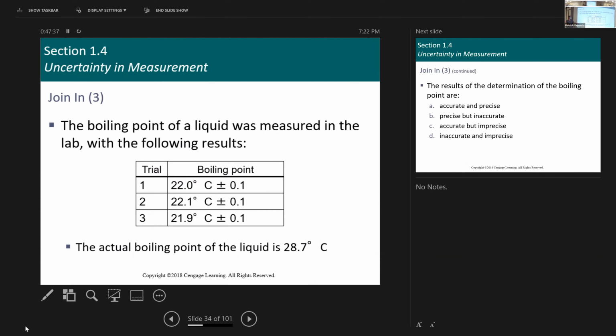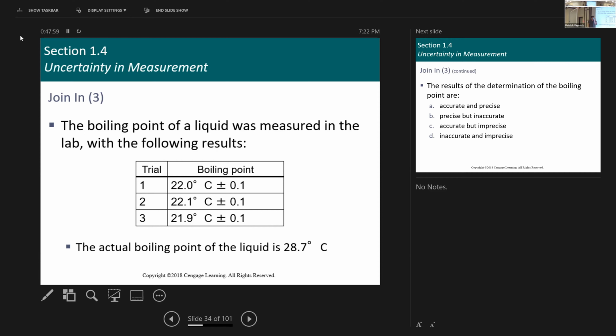Okay, I guess we'll do this one. Here are 3 trials of measuring boiling point: 22, 22.1, 21.9, but the actual boiling point is 28.7. In terms of precision and accuracy, what is this measurement? It's precise but not accurate. Good.